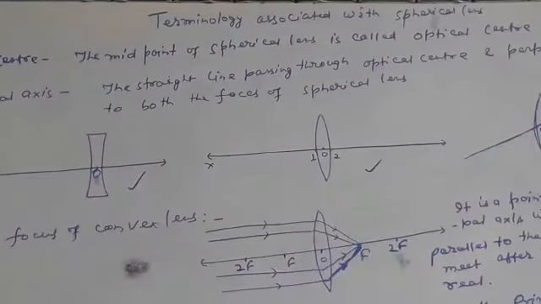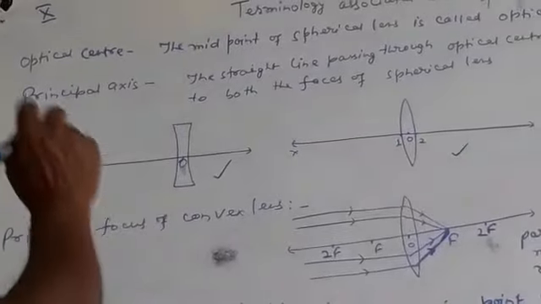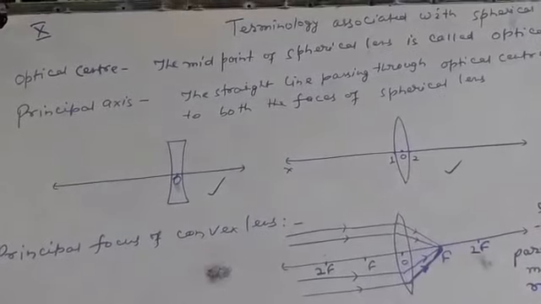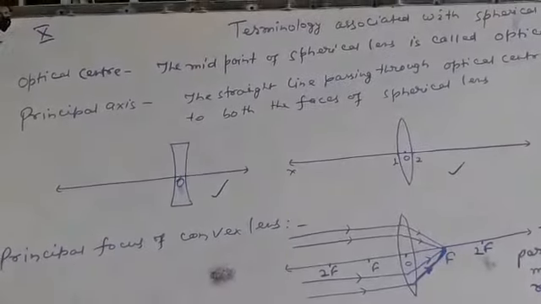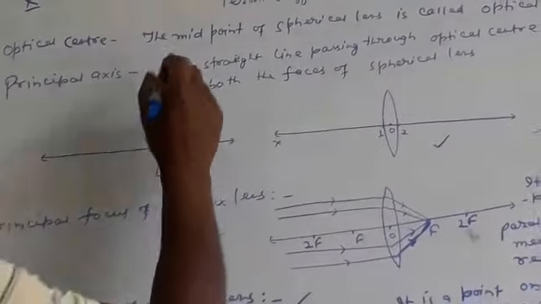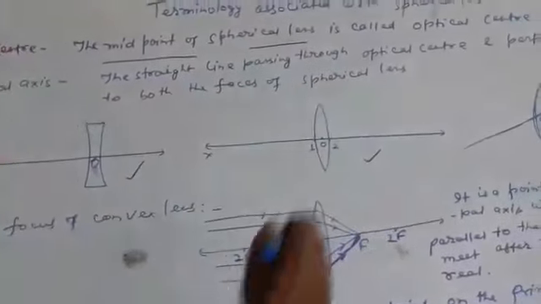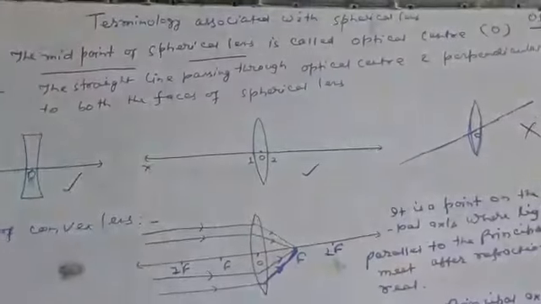Yesterday I explained center of curvature and optical center. Once again I am going to repeat the definition of optical center. The midpoint of a spherical lens is called the optical center.